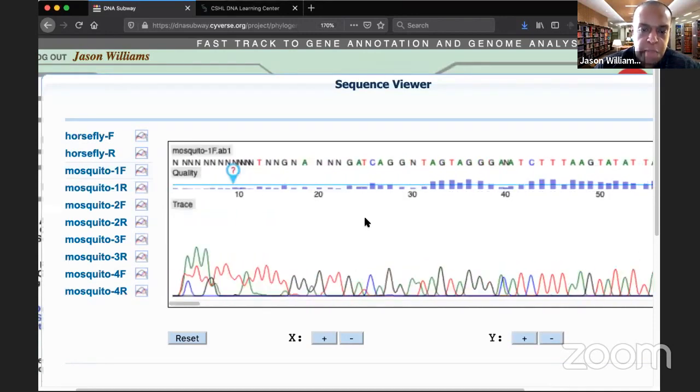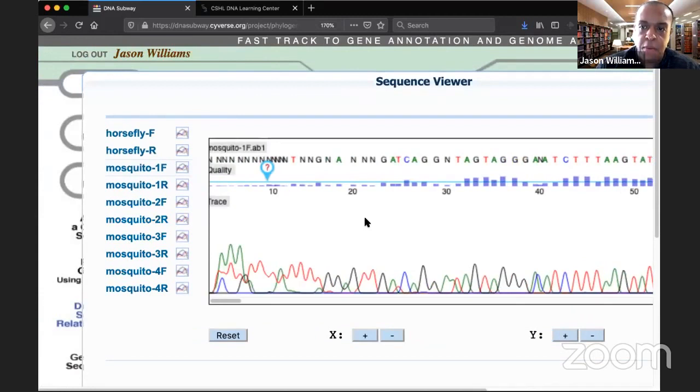And especially this is an artifact of the way that sequencing runs. At the very first few nucleotides of Sanger sequencing, the quality is a little bit lower. And that comes from the fact that those pieces of DNA are very low molecular weight. They're only a few base pairs, 10 base pairs, 20 base pairs. And so they sort of smear on the gel and they don't come out with as much high quality.